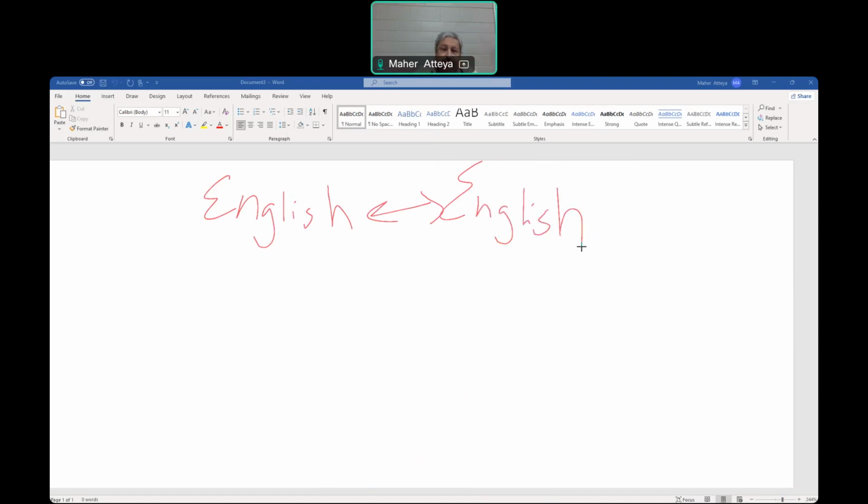One of the interesting things about English to English is that you sometimes have fractions. The metric system is mostly exponents, so you don't have that many fractions to deal with.